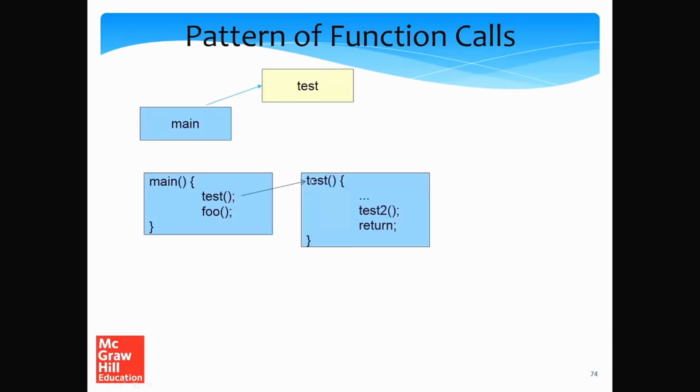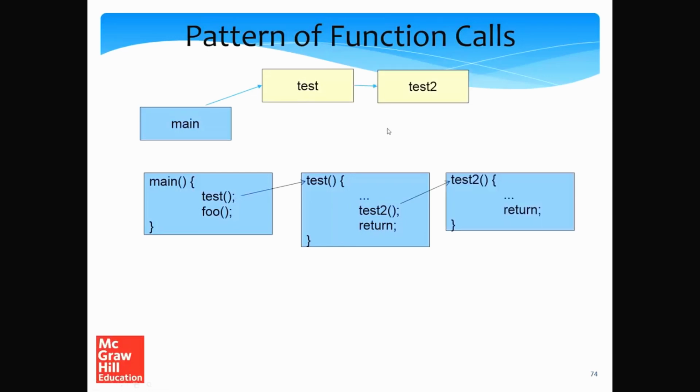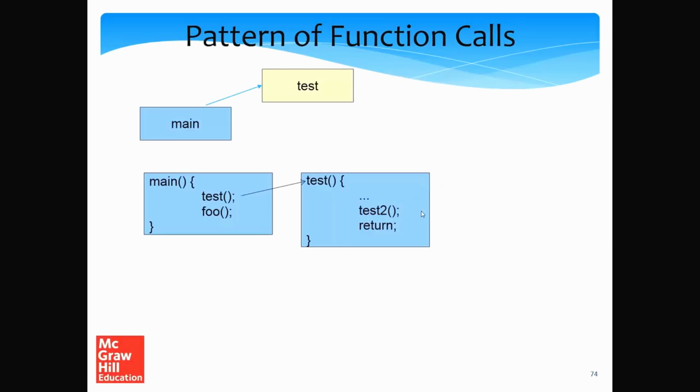Let main call test, so the activation block of test will be created. And let test call test2, so the activation block of test2 will be created. Once test2 is done, it will return. So the activation block of test2 is not required anymore, so it can be destroyed. And once test is done, test will return, so the activation block of test is not required anymore, so it will be destroyed.